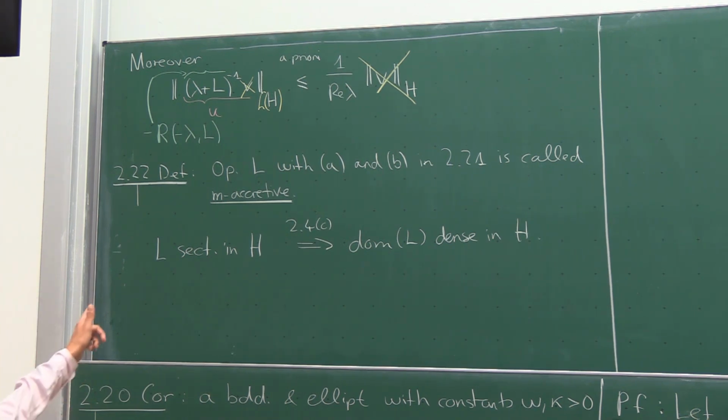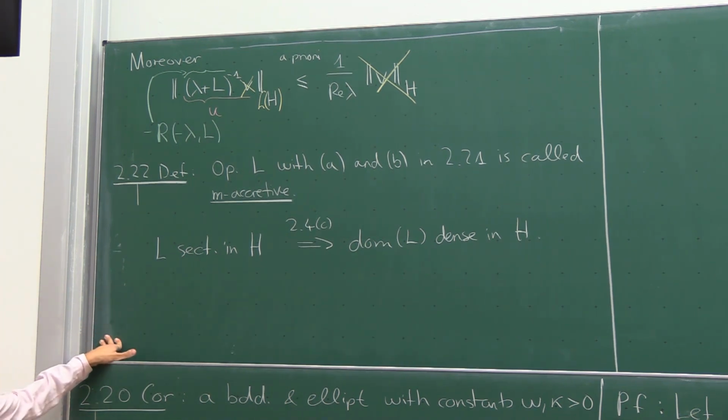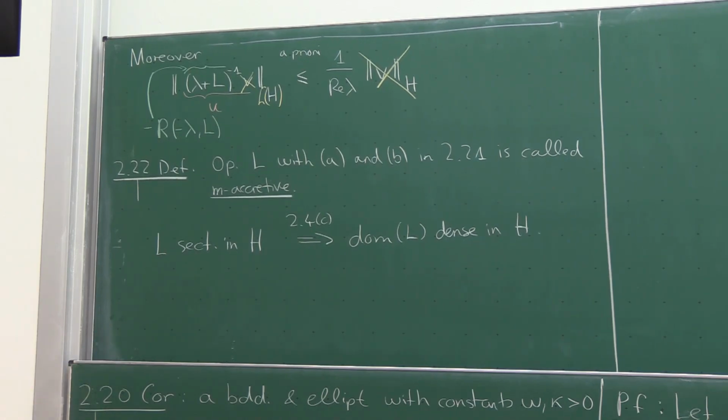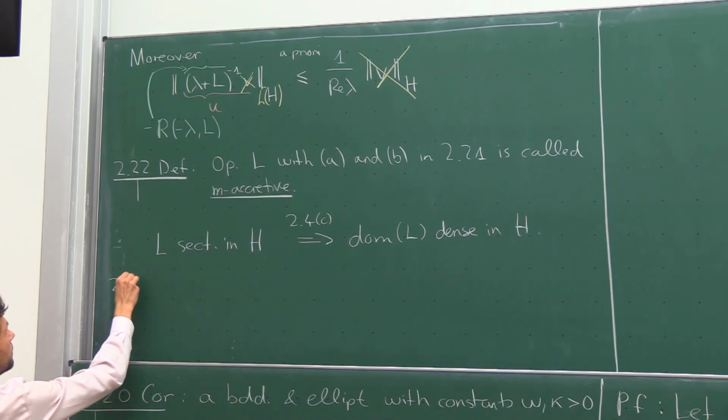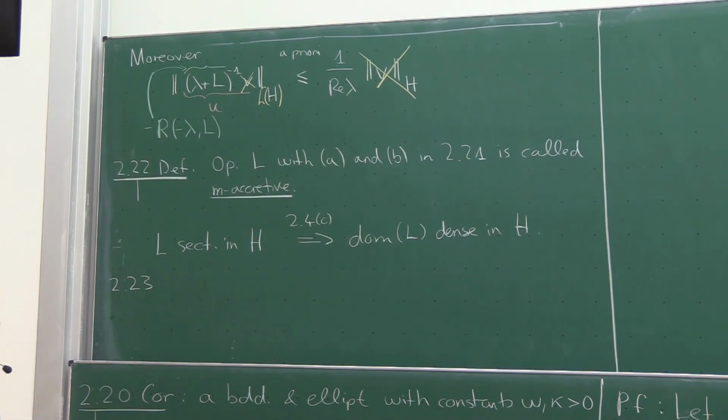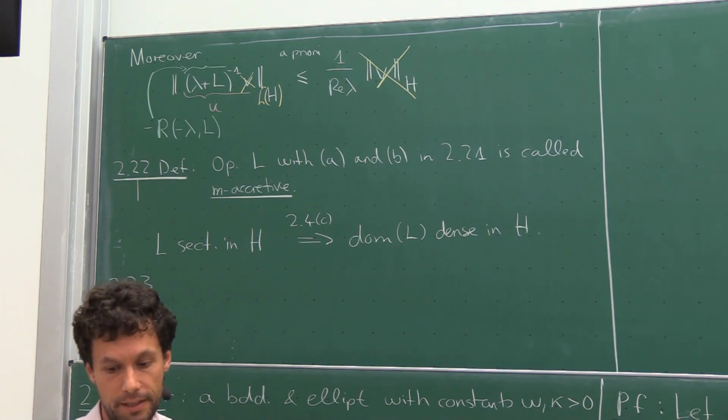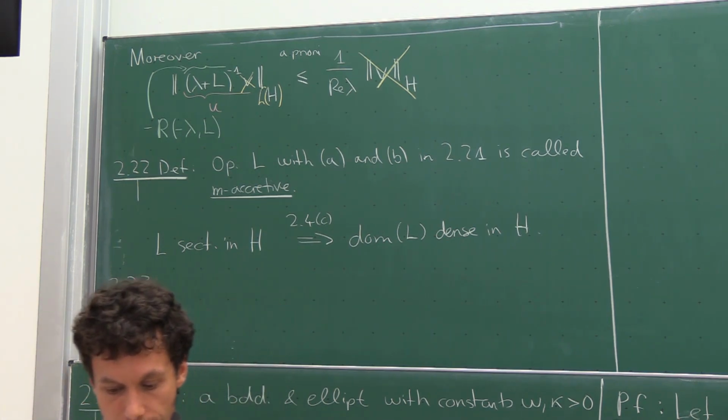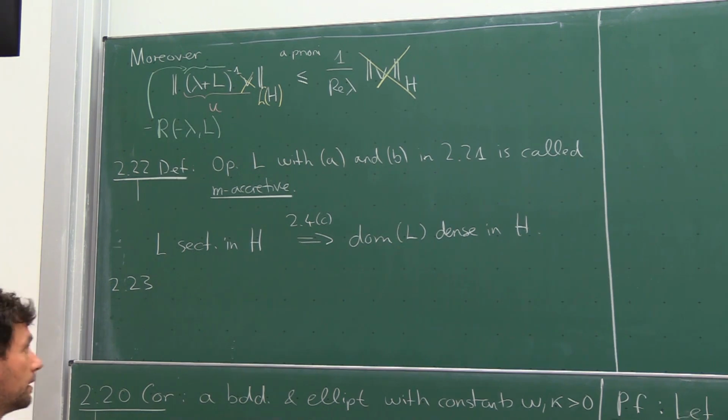Okay, so the domain of L is always dense in H by abstract theory of sectorial operators, but in this setting of operators generated by bounded accretive and elliptic forms, we can say more.